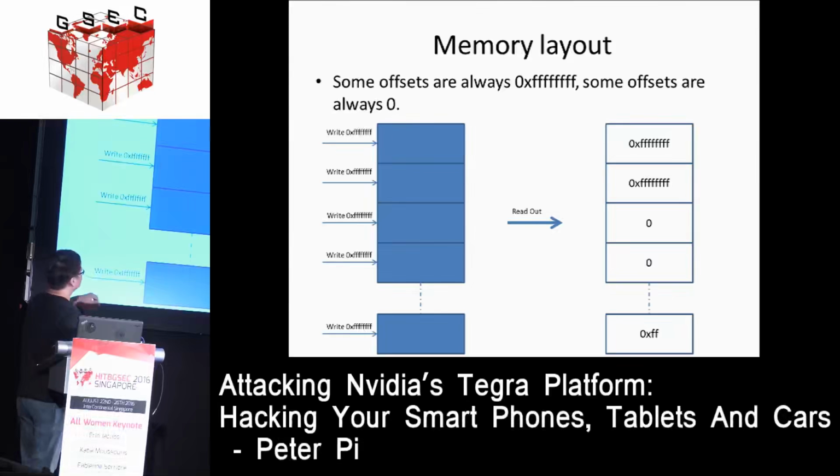The memory layout is like this. We write a magic number to the register and then read it out. We found in some offsets it's always the magic number we write, in some offsets it's always 0, and other offsets have some random value.